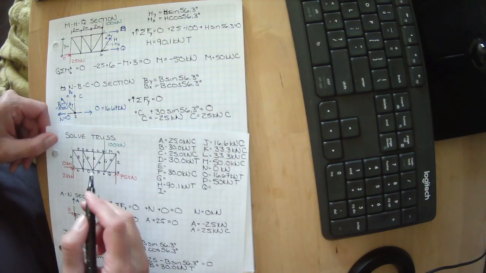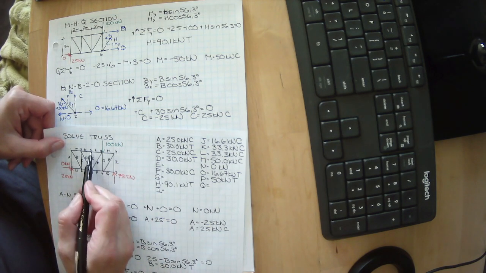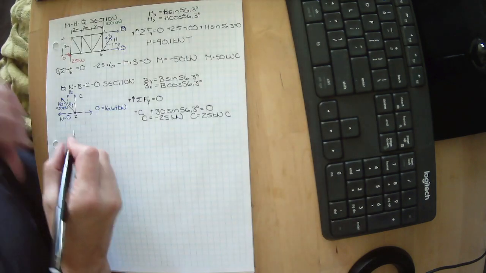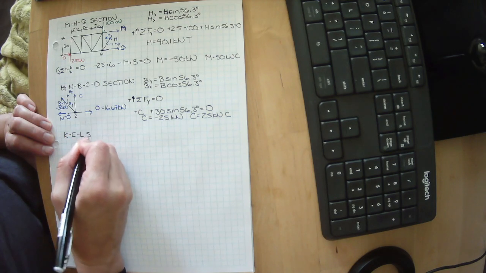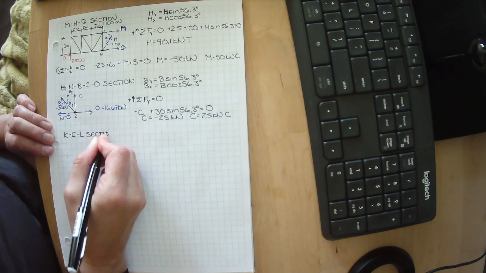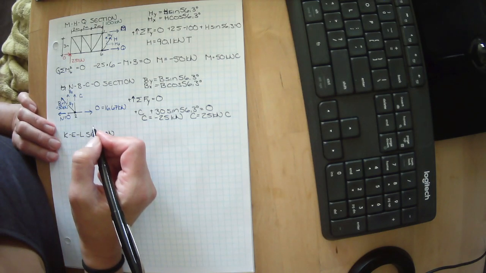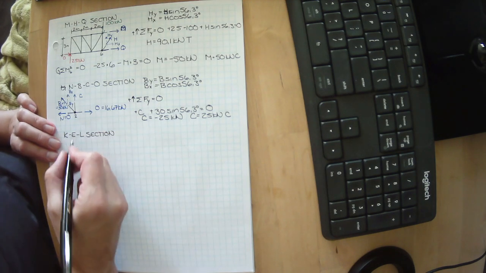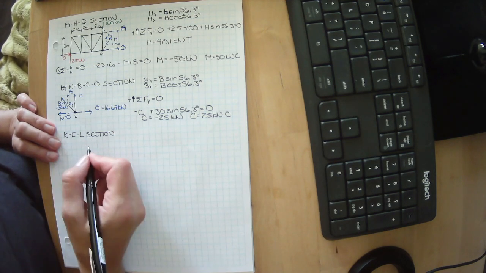Let's do another one where I draw it at a node. So let's cut through OD. Oh, no, I'm going to cut it through K, E, and L because I am lazy. So K, E, and L section. I don't have E. Right.